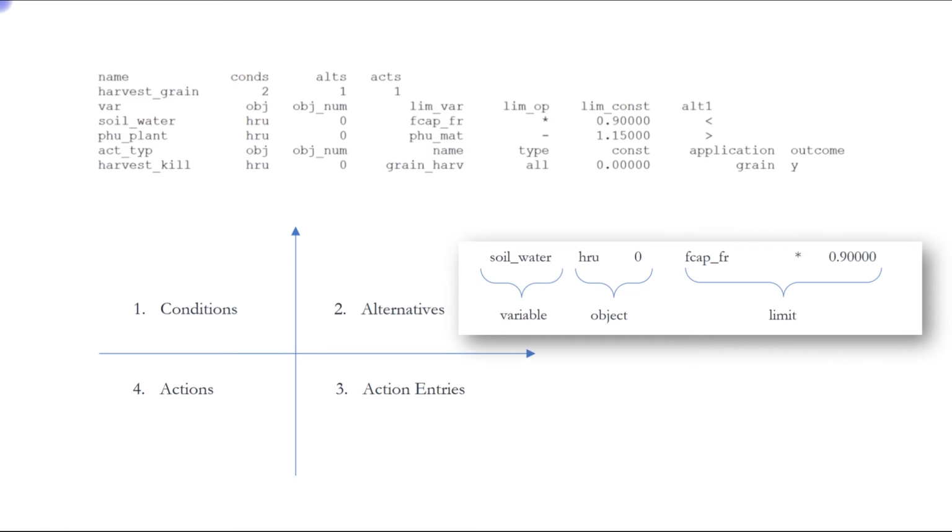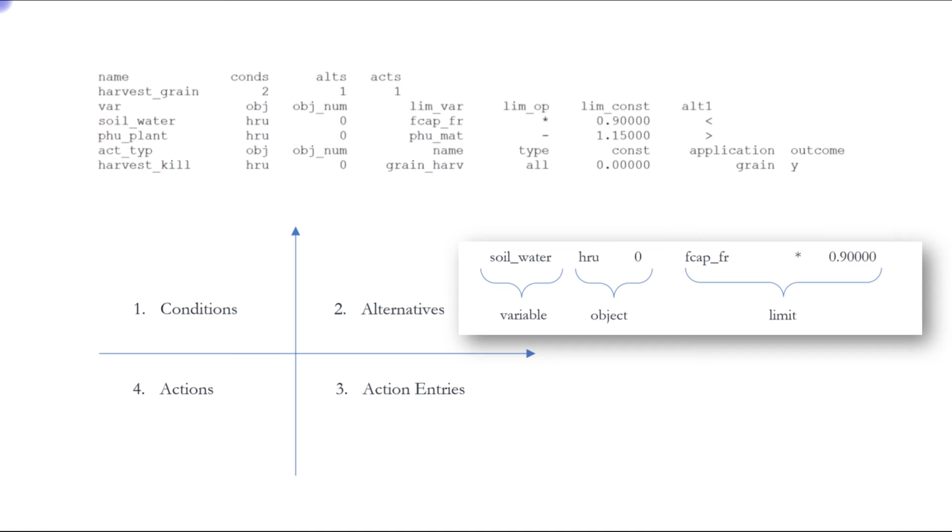As such, you can read this condition as: if the soil water in the current HRU is, then you have some form of inequality or equality here, and then you say this limit, field capacity fraction multiplied by 0.9, or 90% of the field capacity.